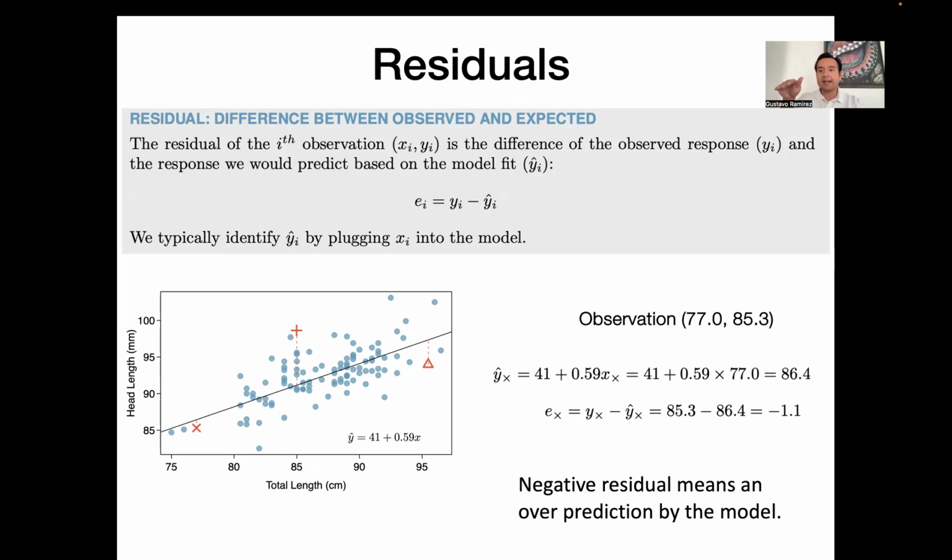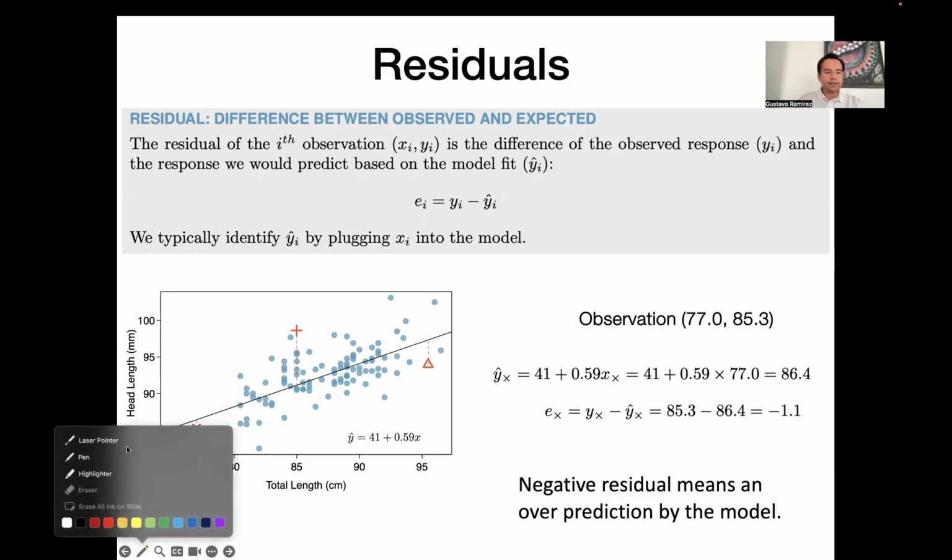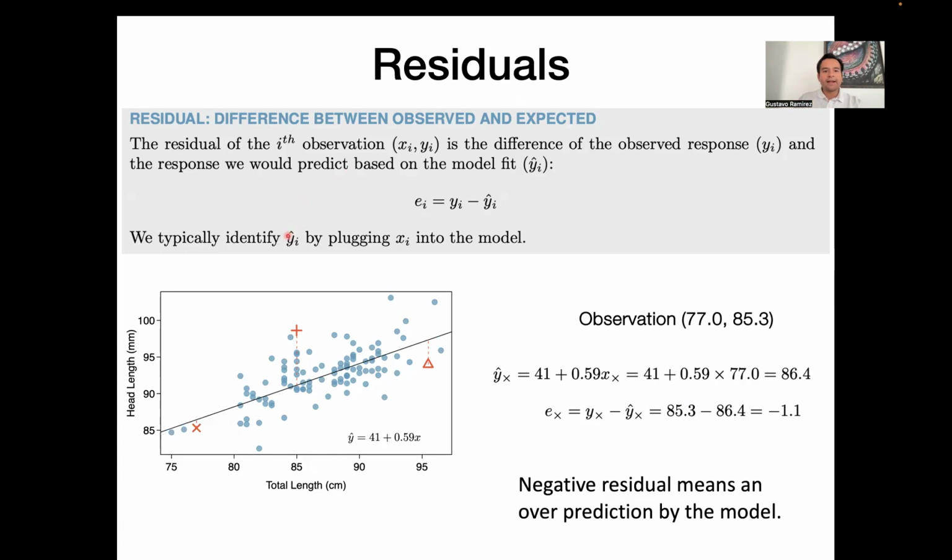Remember, everything with a hat is going to be a model prediction from now on. Okay, so this is a response variable prediction based on the model. So we identify that prediction, this y hat i, by plugging in the value of x associated with the known measured head value, right? That would be y i, this one right here.